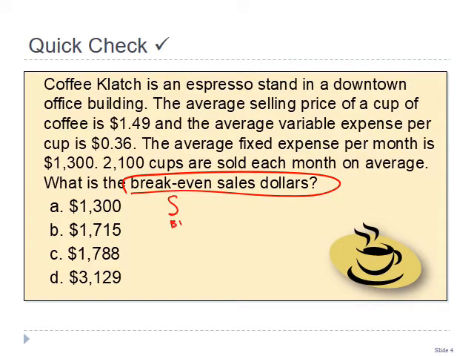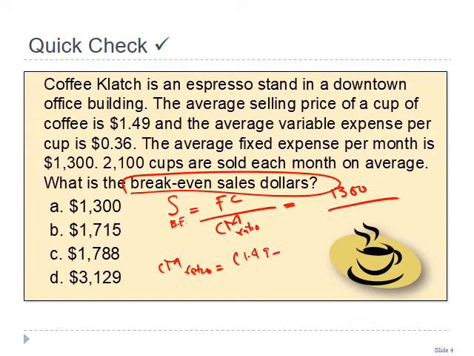So we know that sales break-even is equal to fixed cost divided by CM ratio, right? We know that the fixed cost is equal to 1300, but our CM ratio, how can we find out the CM ratio? What is the CM? CM is 1.49 minus 0.36, divided by sales. Sales is 1.49.